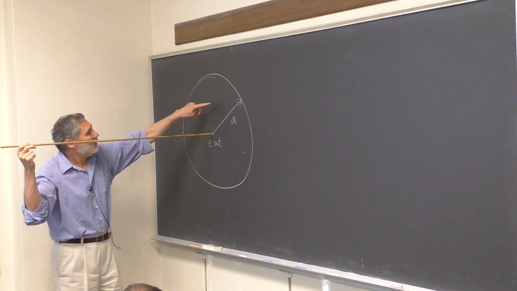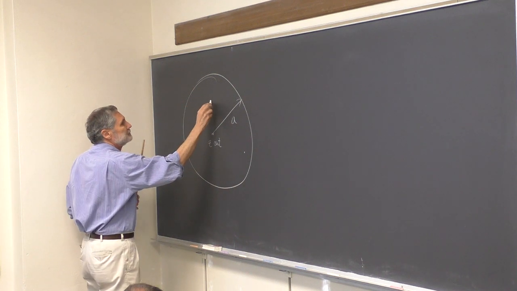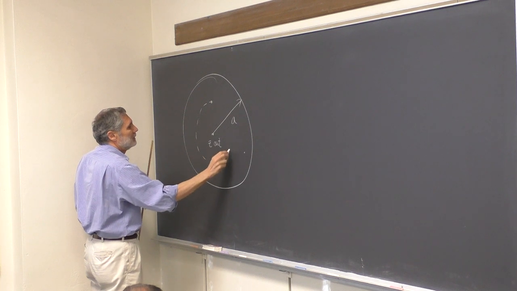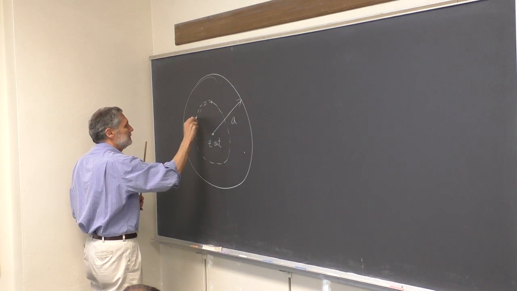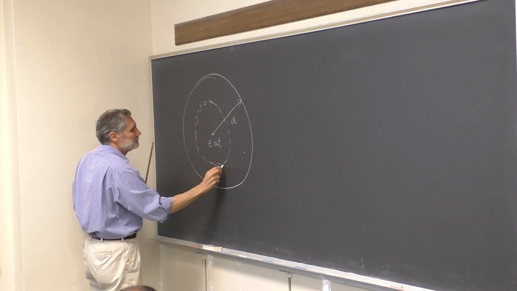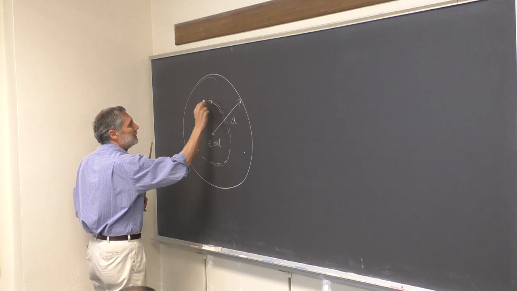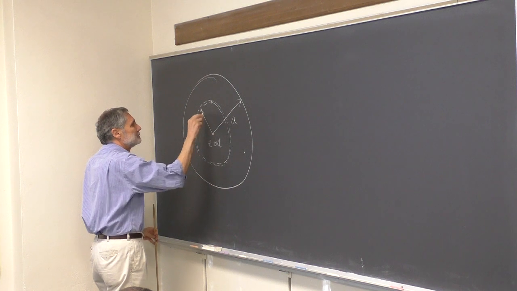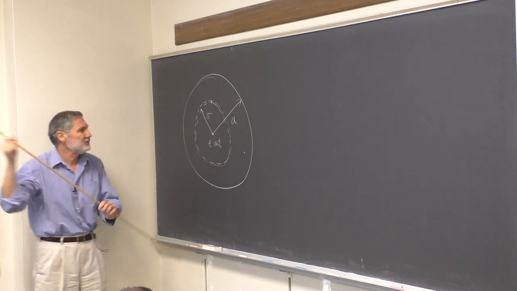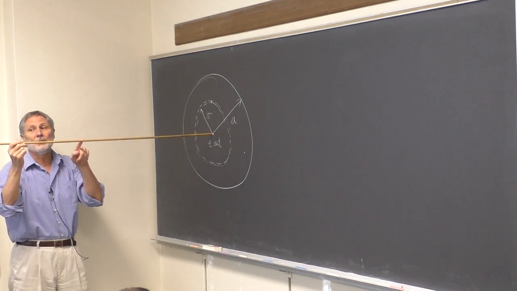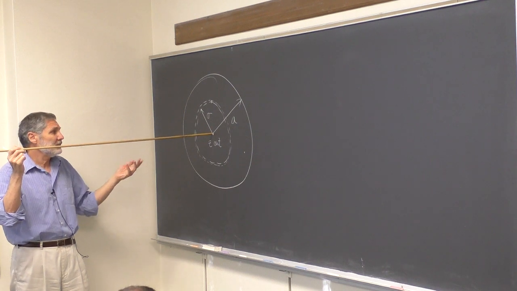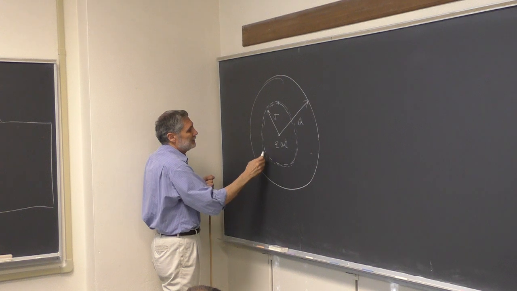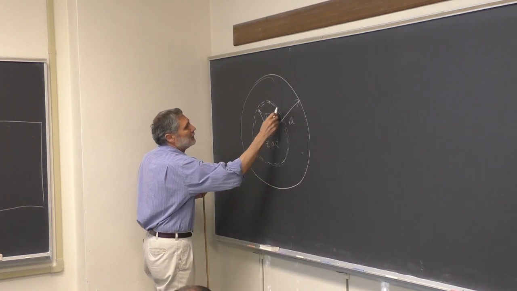Okay? And if I look at a source here, all the sources in this little ring right here are the same distance to the field point here. So in this case, because of the symmetry, we're going to take this right here to be our element.